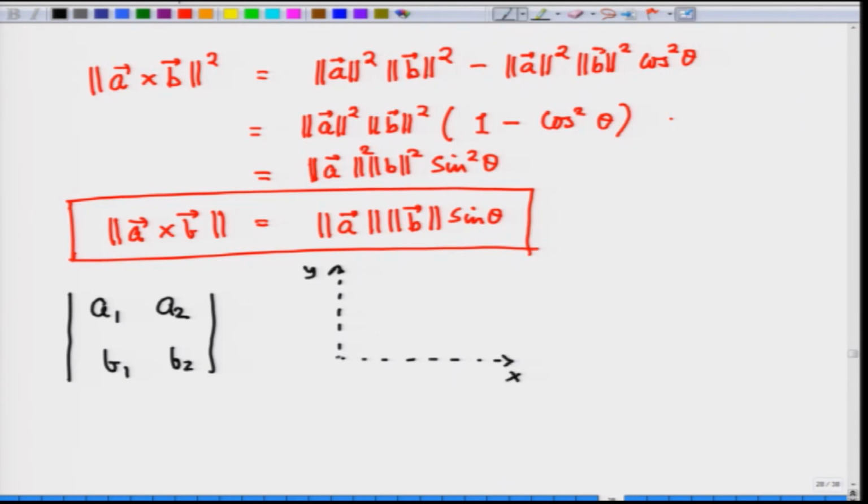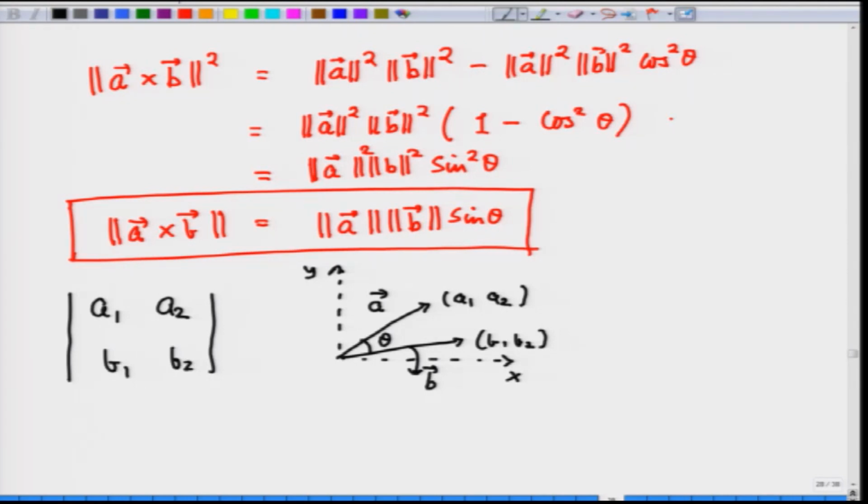And you have two vectors, a with coordinates a1, a2, and another is the vector b with coordinates b1, b2, and this is the angle theta between them. In a 3-dimensional setup, their coordinates are a1, a2, 0, and b1, b2, 0.